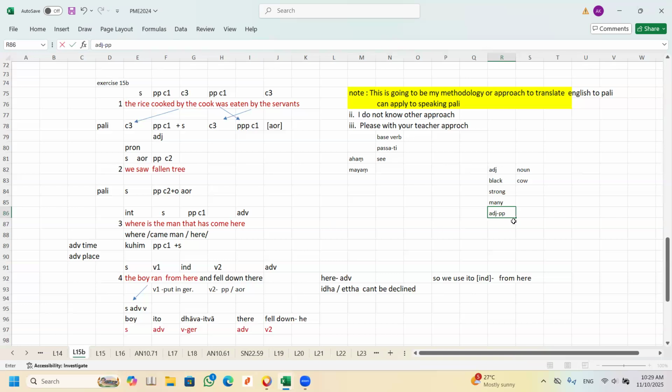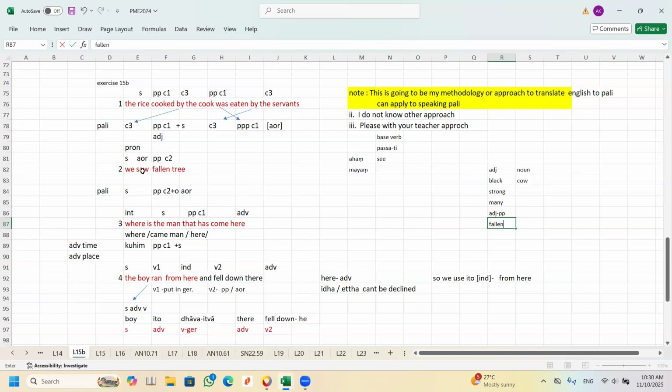That means in this case, this is fallen. So this is adjective 3. So you know that, and then you know that subject, object, and then this is subject, verb and object. Okay, object. That means in Pali, it cannot be in this format.